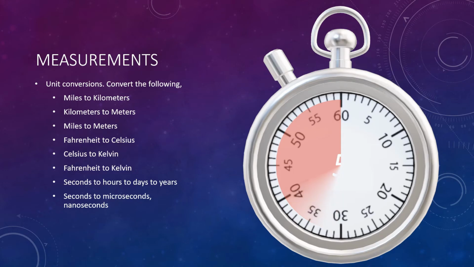And see how different, or it might be difficult, to convert Fahrenheit to Celsius. I hope you realize that, but it's relatively easier to convert Celsius to Kelvin and whatnot. And then you can do seconds to hours to days to years, or seconds to microseconds and nanoseconds. And please use the chart that you saw before.